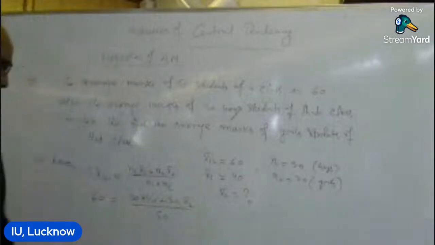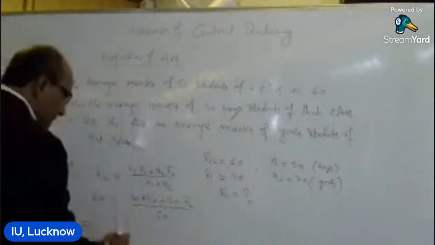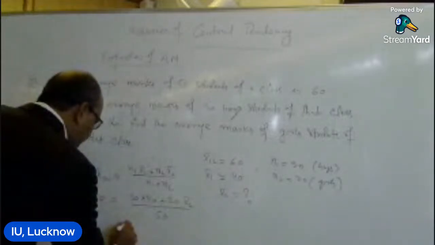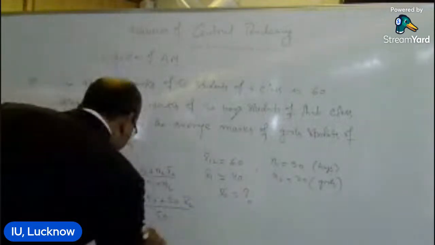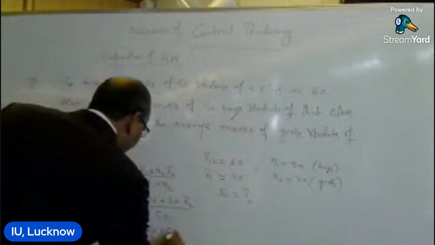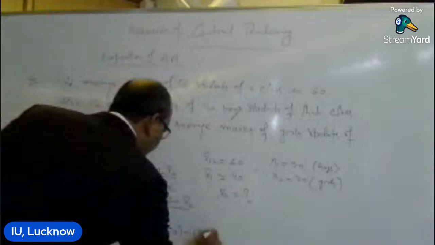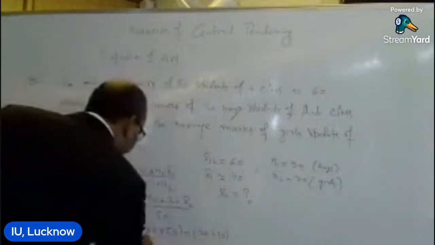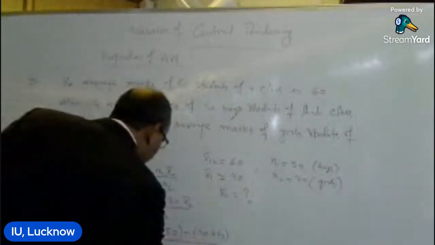Now after simplifying this, you will get x2 bar equal to 60 into 50 minus 30 into 40, divided by 20.